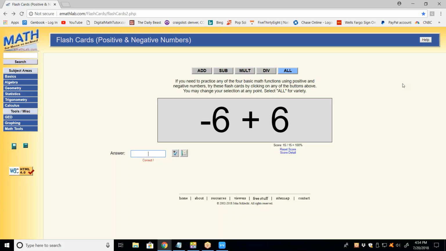This is an addition problem. That negative sign you're looking at is a negative 6. If you add a negative 6 to a positive 6, what do you get? 0. This is a subtraction problem. Negative 11. Good. All right.